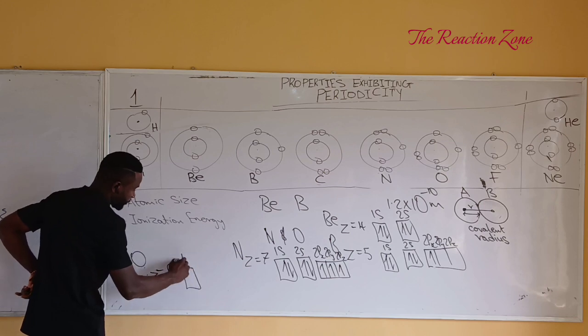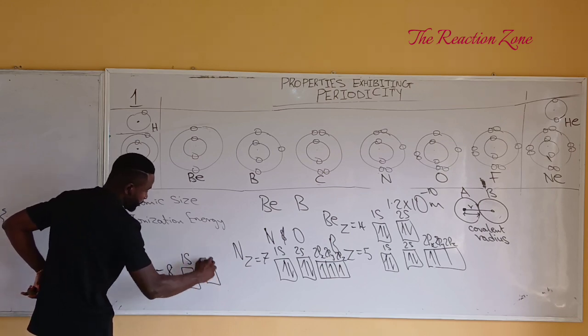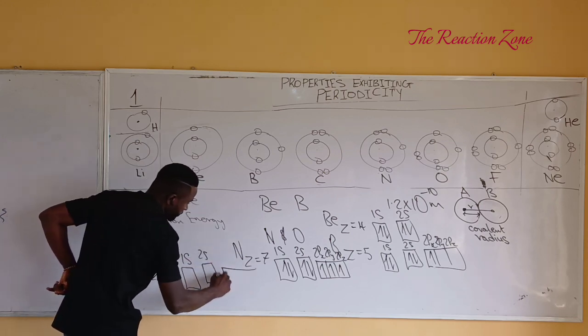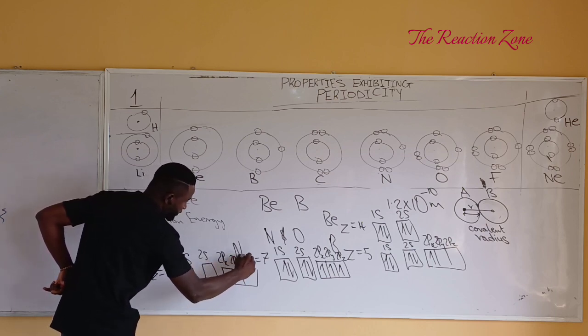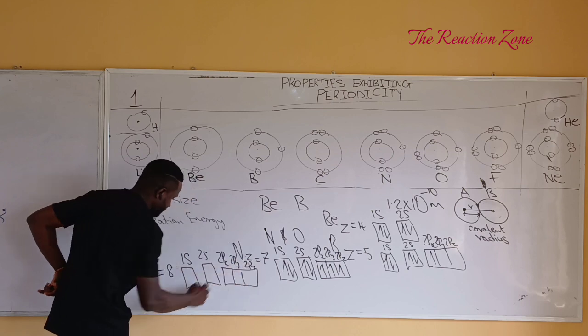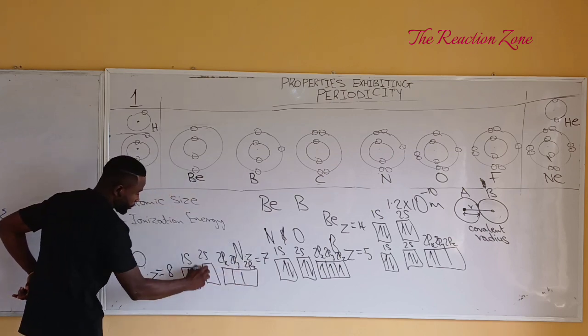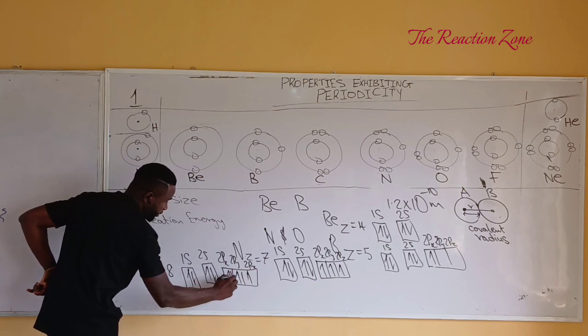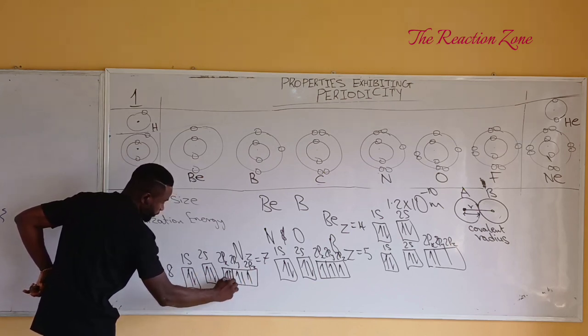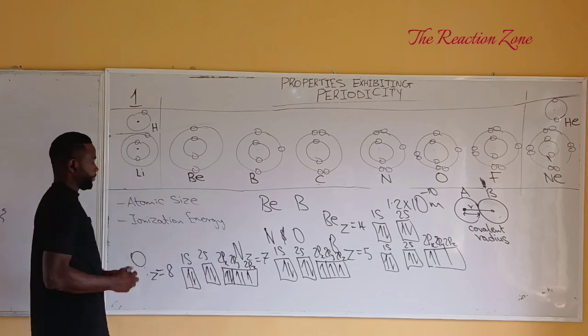And the electrons are as follows: the 1s, the 2s, as well as the 2px, the 2py, and the 2pz. So there are 2 electrons here, 2 electrons here, 1, 1, 1, and an additional one here.